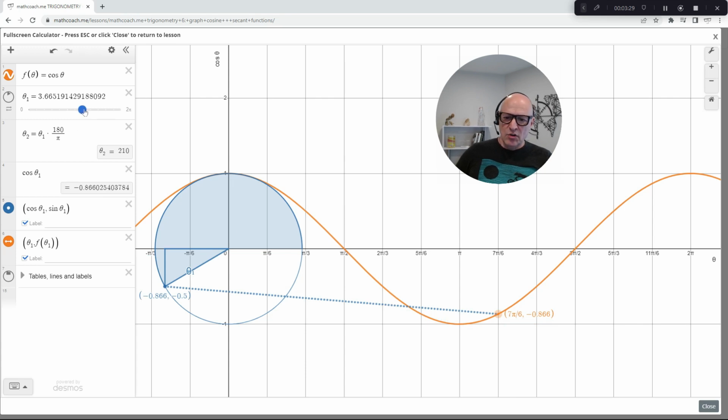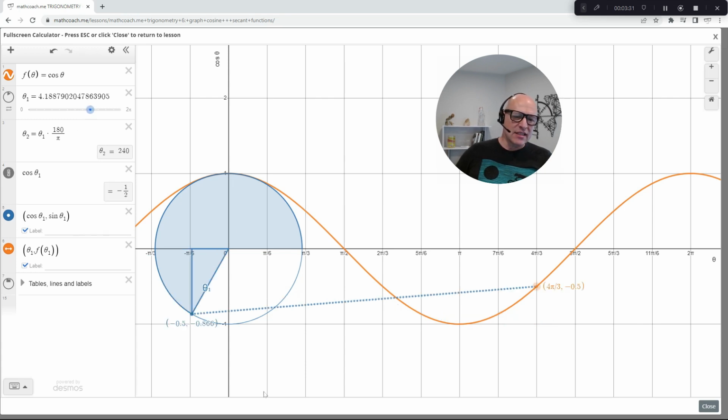Let me get to my next 60-degree angle, which is 240 degrees. So 240 degrees, the shaded area on the unit circle, has a reference angle in quadrant 3 of 60 degrees, okay? So 180 plus 60 is 240. Cosine of 60 degrees is 1/2.